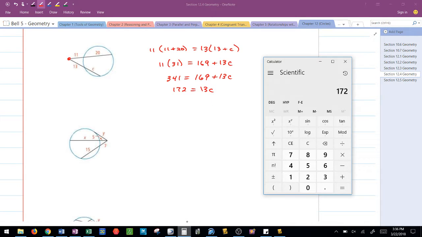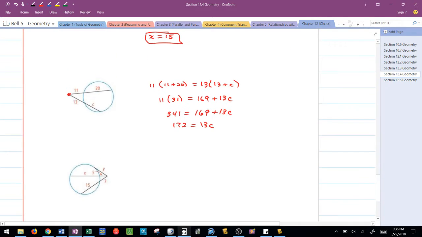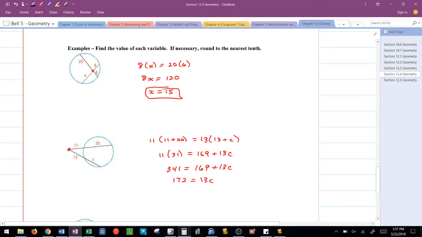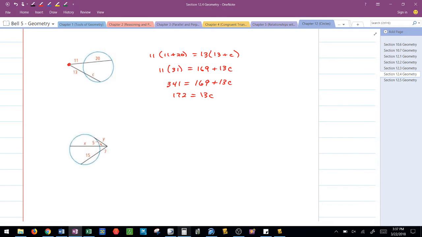And then divide by 13, and that gives me 13.2. Hold on, let's look at the directions here. If necessary, round to the nearest tenth. So if it's necessary to round here, I would get 13.2. You've got to measure to the circle and to the opposite side or the other side of the circle.